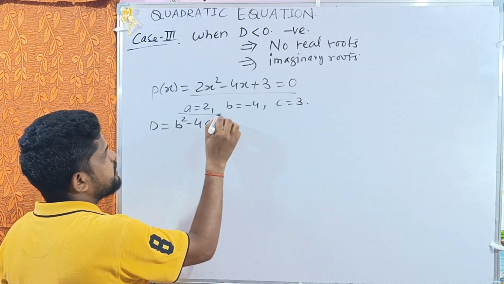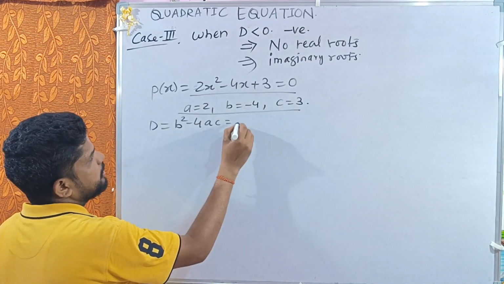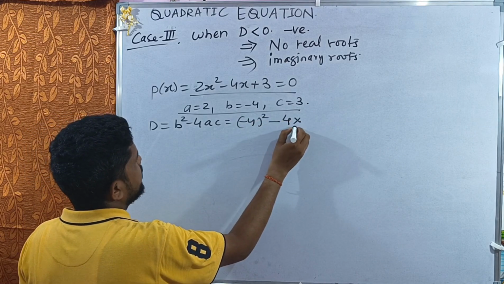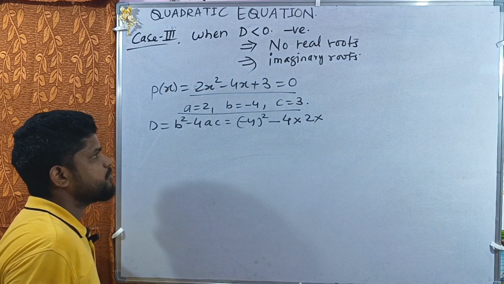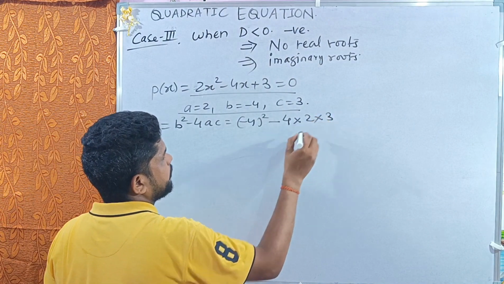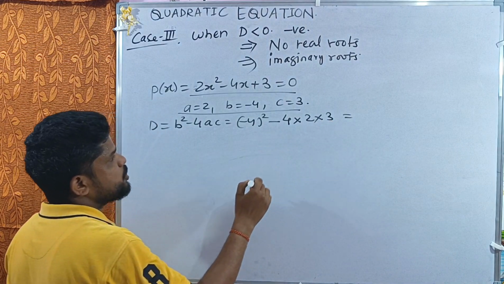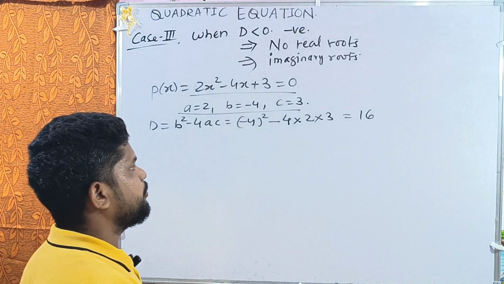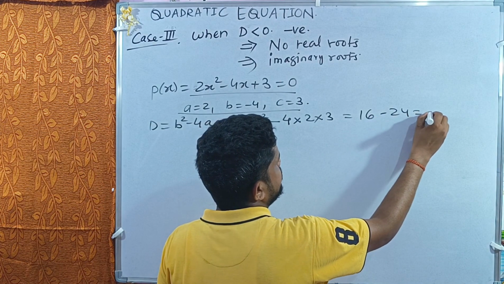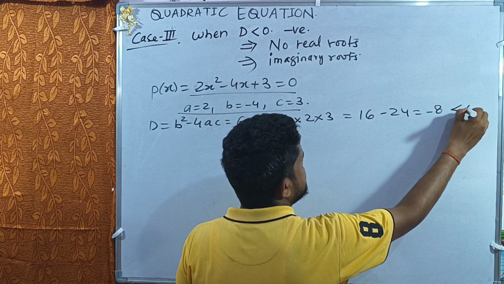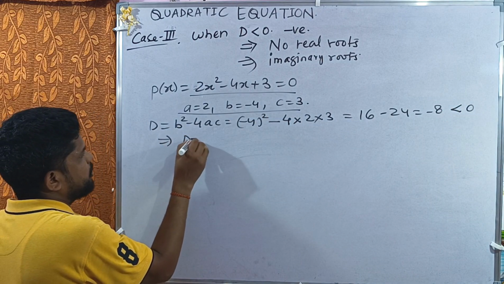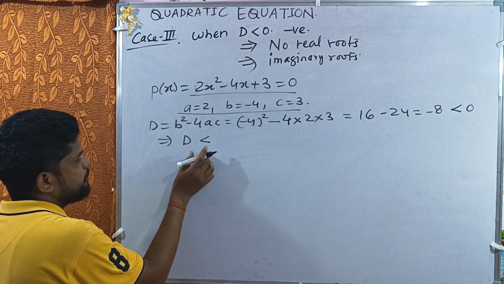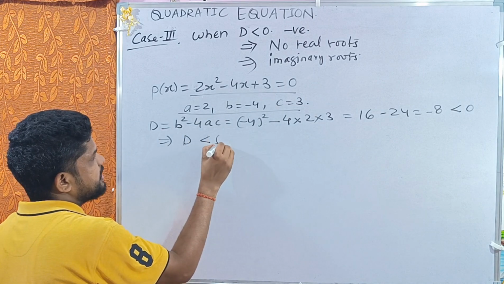Putting in the values, we get minus 4 whole square minus 4 into 2 into 3, which is 16 minus 24, which gives minus 8, which is less than 0. This implies that for this quadratic equation the discriminant D is less than 0.